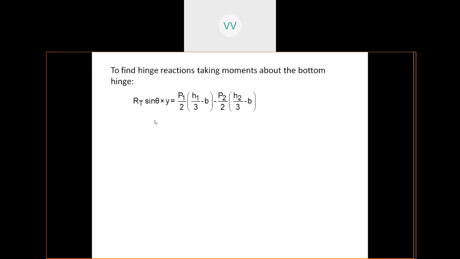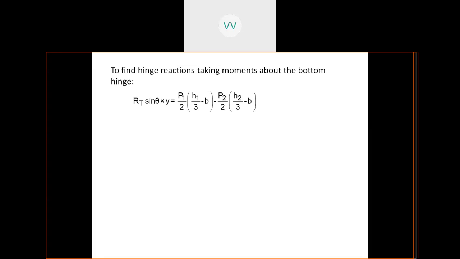RT sine theta into y is equal to P1 by 2 into H1 by 3 minus b, because you have to take the average pressure. At top it is 0, at bottom it is WH1.